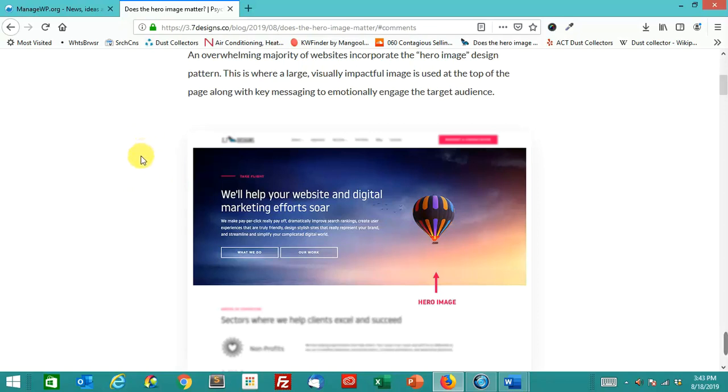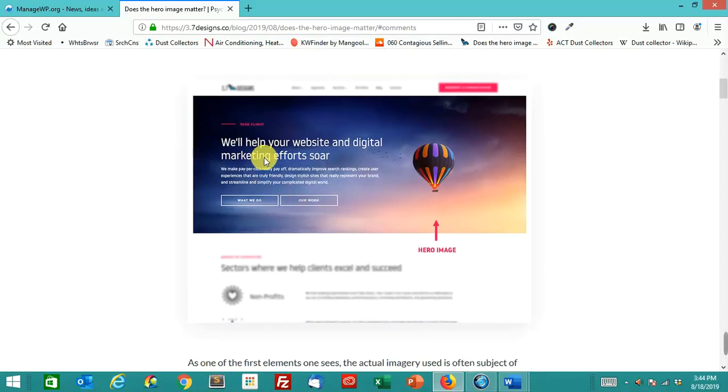Usually it's on the home page or another landing page, with some sort of call to action headline. What they're talking about in this article is selecting the right imagery to elicit the right type of emotional response. So in this case, it will help your website and digital marketing efforts soar.